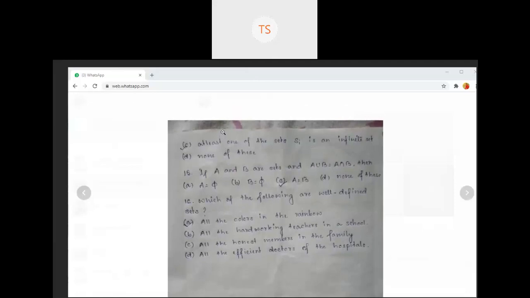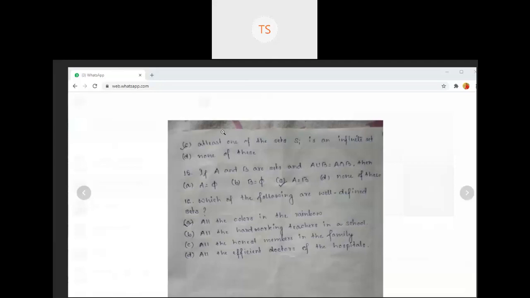Now question number 15. If A and B are sets and A union B is equal to A intersection B, then which is the possible option? Option A is A is a subset of B, option B is B is a subset of A, option C is A equals B, and option D is none of these. Here I have already marked option C, A equals B, as the correct option.